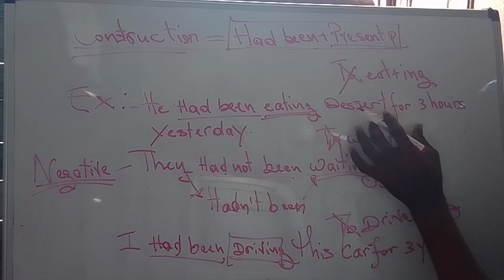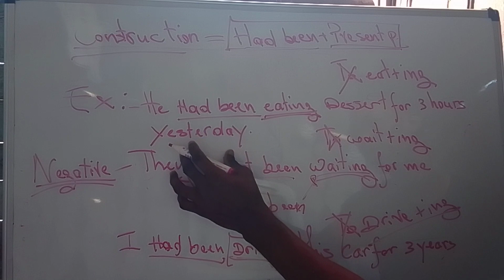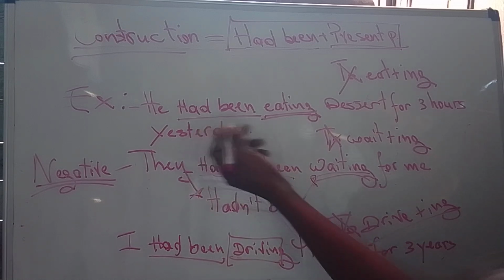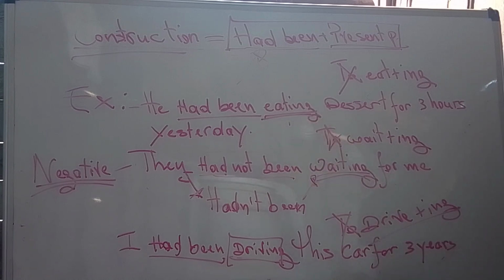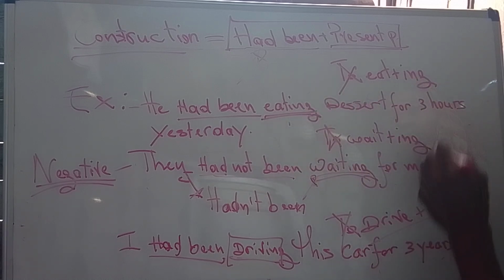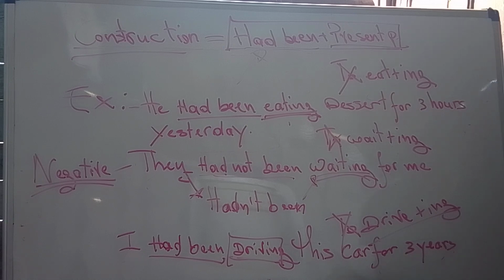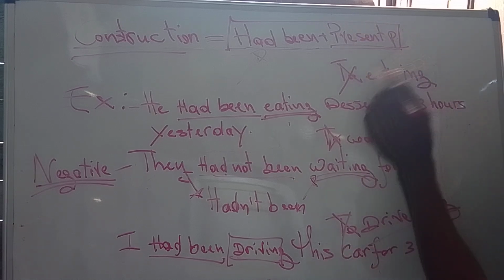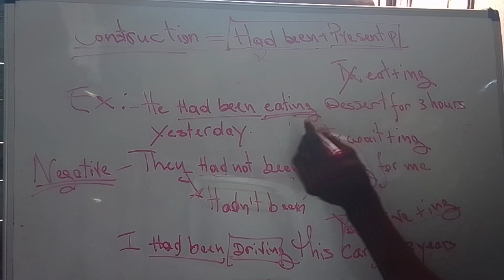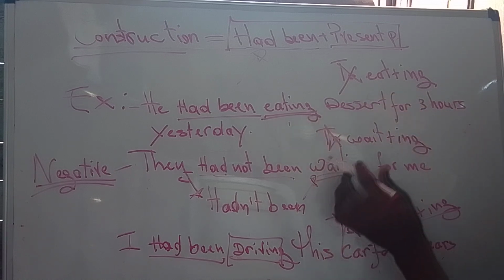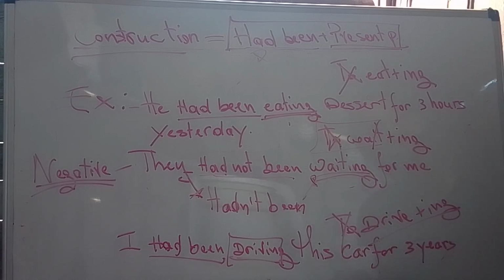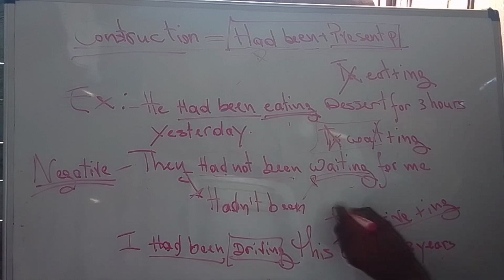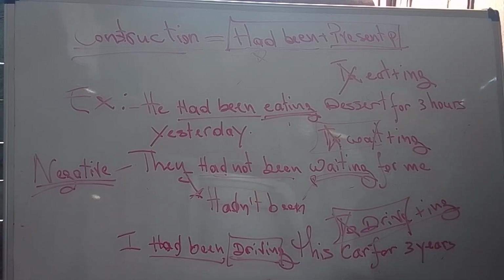He had been eating dessert for 3 hours yesterday. Had been right here and eating. Eating is the verb to eat. The present participle of the verb to eat is eating. The present participle of the verb to wait is waiting. The present participle of the verb to drive is driving.